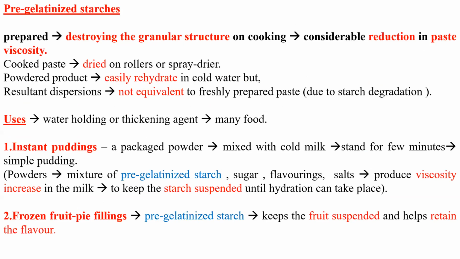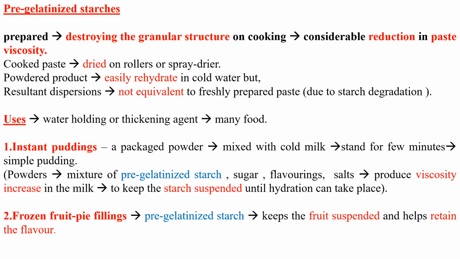This powdered product is easily rehydrated in cold water, but the resultant dispersions are not equivalent to freshly prepared paste due to starch degradation. These pre-gelatinized starches are used because of their water holding and thickening properties in many foods.